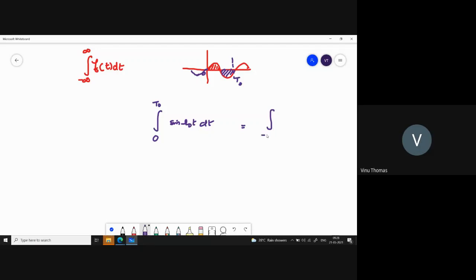Maybe I can start from minus t0 by 2 to plus t0 by 2. So you are essentially looking at one period of sine omega 0 t. What is that equal to? This is equal to 0. So this is what you have found out. Integral from minus t0 by 2 to plus t0 by 2 of sine omega 0 t dt is equal to 0. So please understand that the area under the function, as we discussed for an integral, can go both positive and negative. Okay, so this is a very important concept. We will require this to prove the next result.